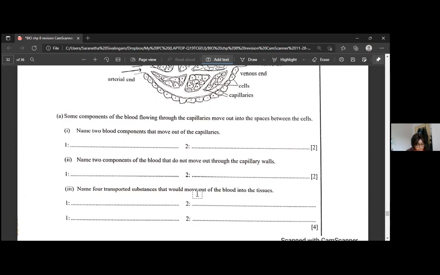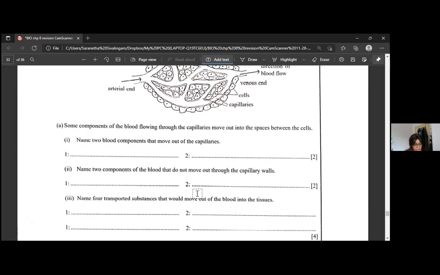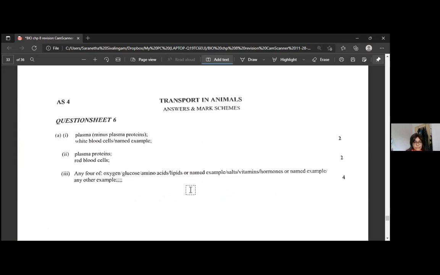I generally got it for glucose. So for this one, you can talk about oxygen, glucose, amino acids, lipids, some vitamins, hormones, all this moves out of the blood into the tissues. And these are the answers.